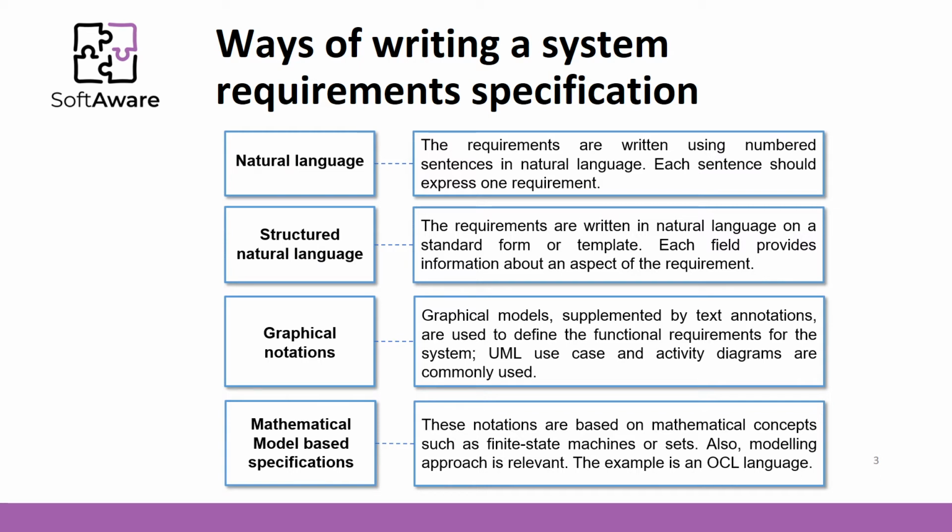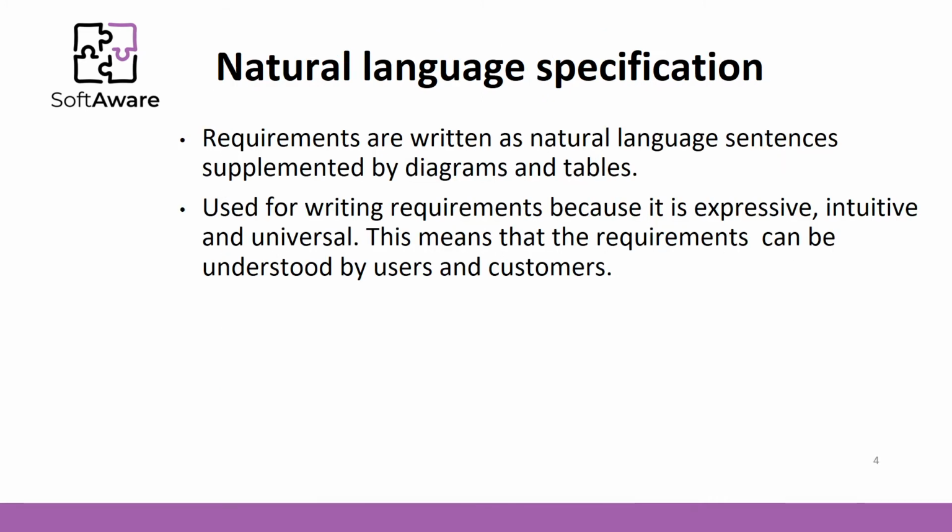It is a very important part because model-based specifications can be validated. In other words, we can check the consistency of requirements. These notations are based on mathematical concepts, such as finite state machines or sets. Also, in this part, modeling approach is relevant. Let's take a look at each specification type separately.